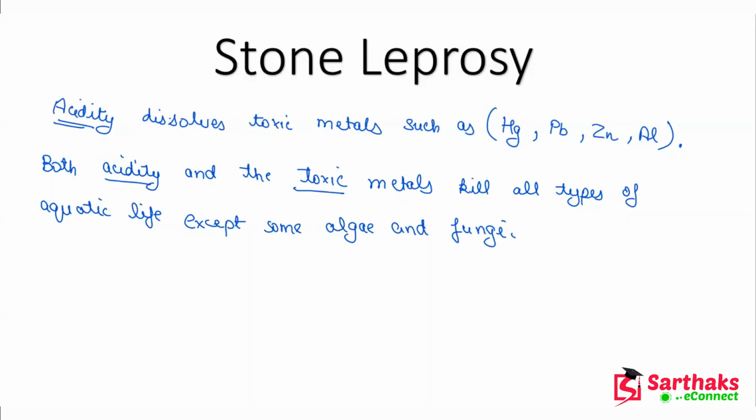Acid rain corrodes metals. We know now that acid rain dissolves toxic metals.